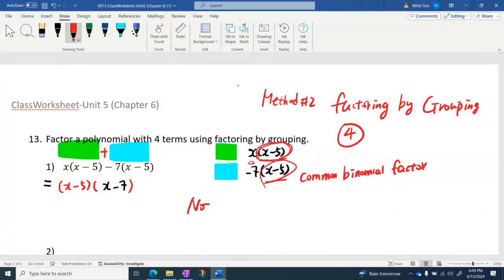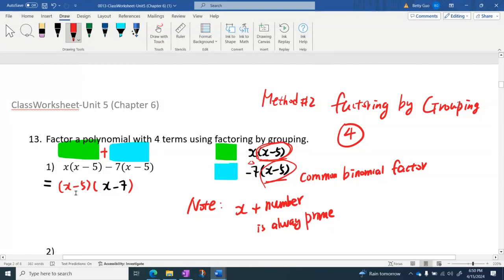I'd like to introduce this here. A variable plus a number is always prime. If you see a binomial whose structure is a variable plus a constant, then that binomial definitely is prime. x minus 5 is prime because this binomial has the structure of a variable plus a number. x is the variable, -5 is the number.